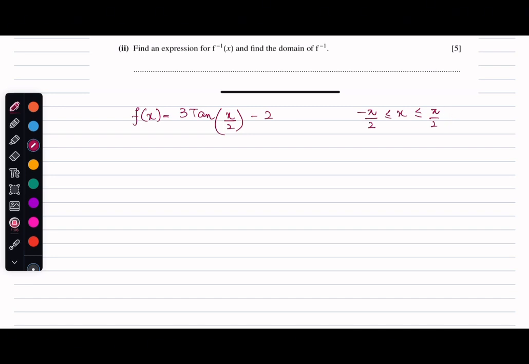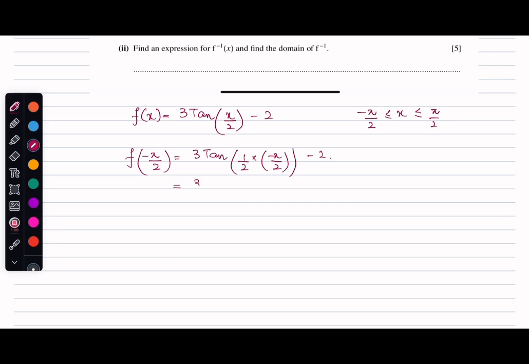To get the range of this function, if I substitute x by negative pi by 2, f of negative pi by 2 is 3 tan of 1 by 2 into negative pi by 2, and then a negative 2.